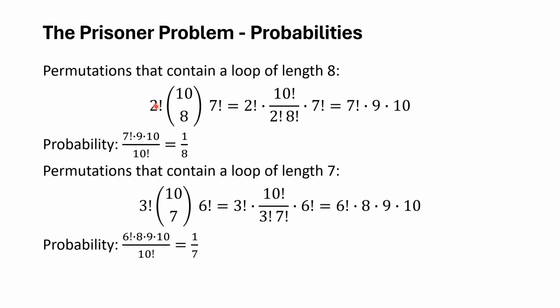So they could be in single loops or just a loop amongst themselves. And so we get 2 factorial times 10 choose 8, which is 10 factorial over 2 factorial times 8 factorial, times 7 factorial. The 2 factorials cancel out. The 8 factorial cancels into 10 factorial, just leaving 9 times 10 times the 7 factorial here, and then you divide all that by 10 factorial, and everything cancels out except for the 8 in the bottom here, so you get 1/8.